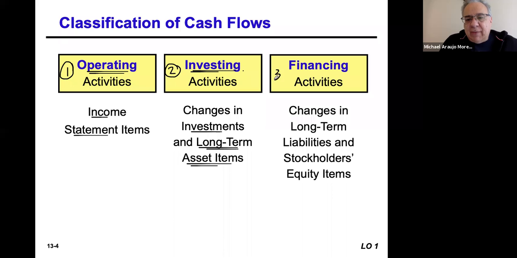The third thing the cash flow statement tells you about is the financing activities. Financing activities is really the other side of the balance sheet, liabilities and stockholders' equity. So remember, the word financing is about where you get money. Okay, to finance something means you need to get money together to buy something.